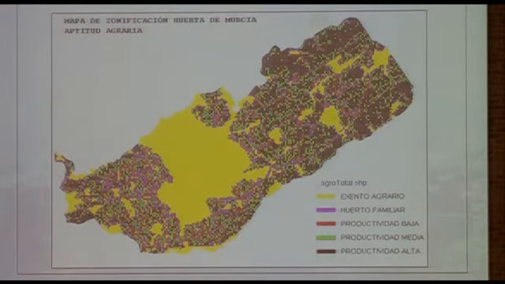Then we also see the surface dedicated to agriculture and the surface that has been used for construction, for urban purposes. In pink, we see the family gardens, the family orchards.